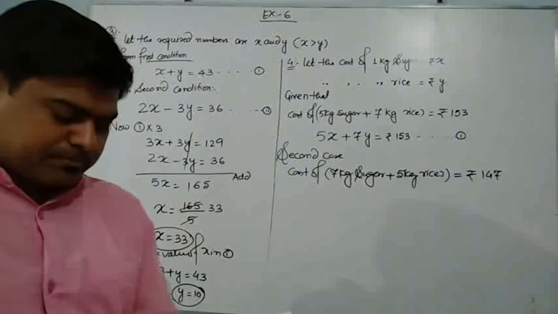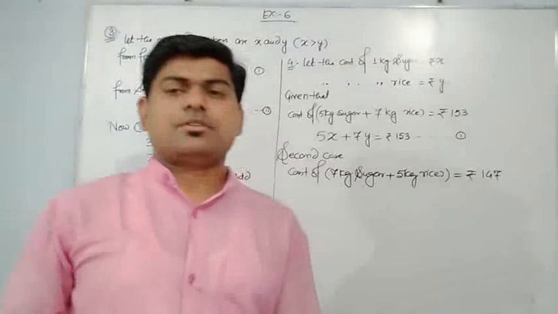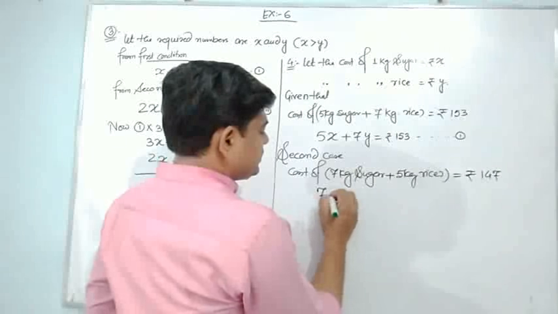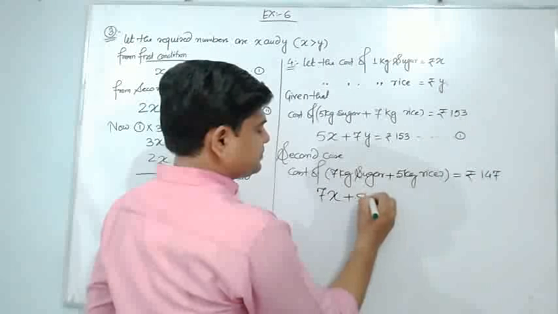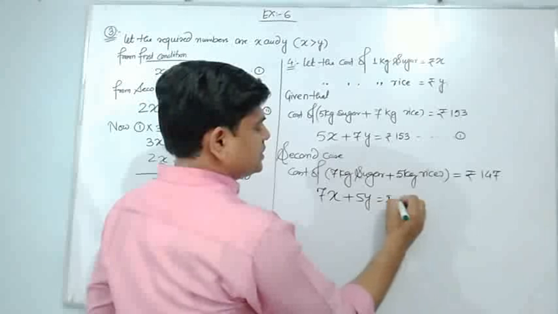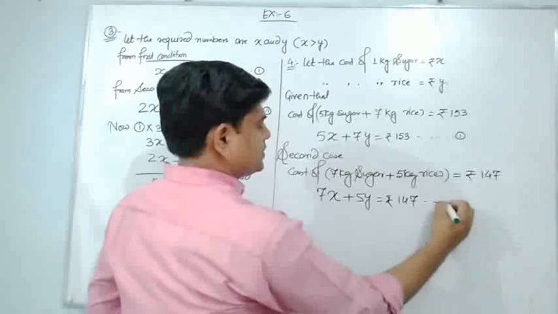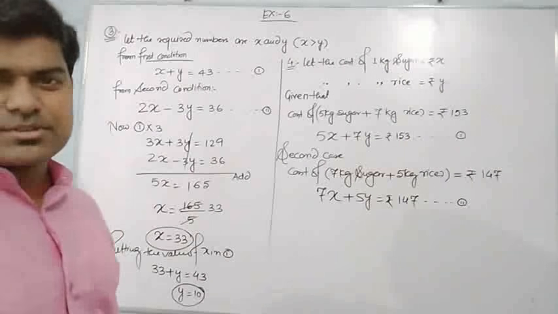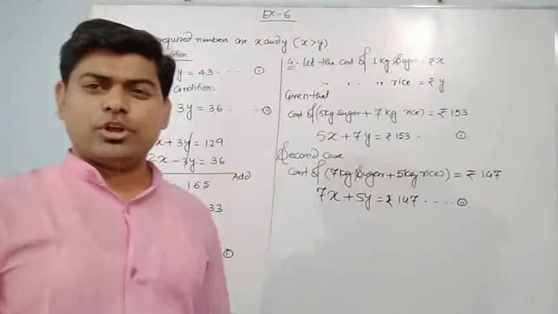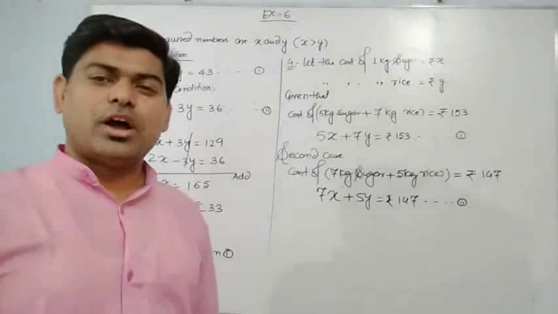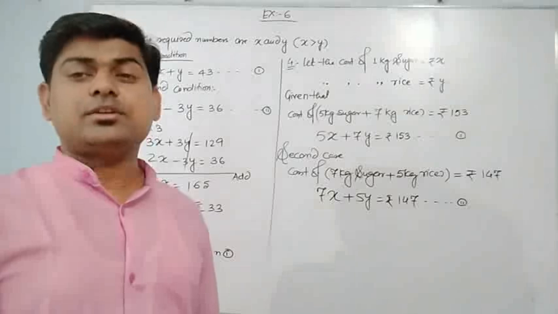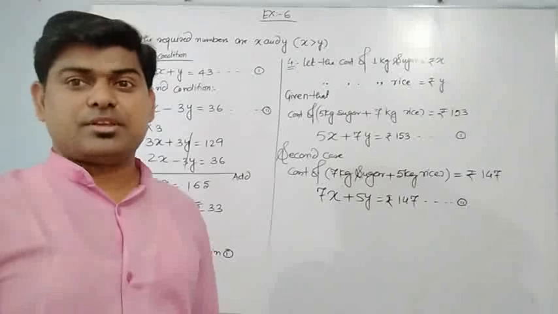It has been given. What should I do? I can write here now 7x plus 5y is equal to rupees 147. This is the second equation. What do I have to do? I have to solve these two equations to find the values of x and y, or we can say to find the rate of sugar and rice per kg.